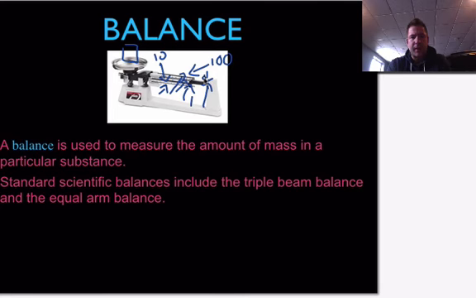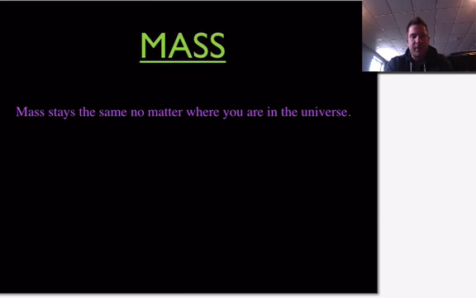So it includes a triple beam and one equal arm balance, and that arm is going to rock up and down until it levels out at the appropriate line, and then we can measure the mass. That's our tool for measuring mass, the balance.